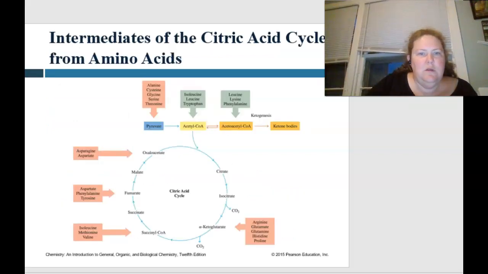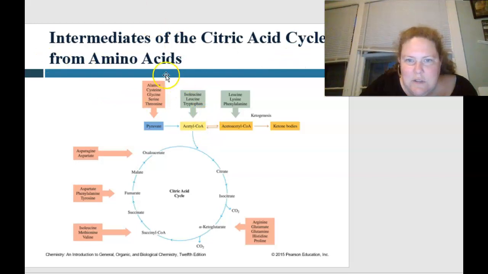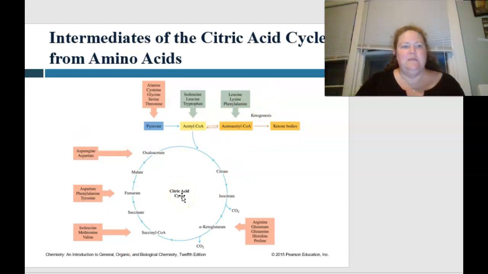So for the intermediates of the citric acid cycle from amino acids, you can see alanine, cysteine, glycine, serine, and threonine are going to enter at pyruvate. Isoleucine, leucine, and tryptophan are at acetyl-CoA. Leucine, lysine, and phenylalanine are at acetyl-CoA. You have your ketogenesis that can produce the keto bodies, and then etc. All these different areas that we talked about.